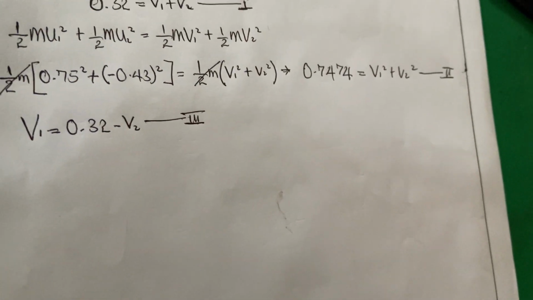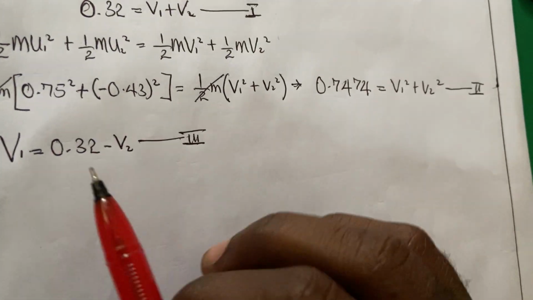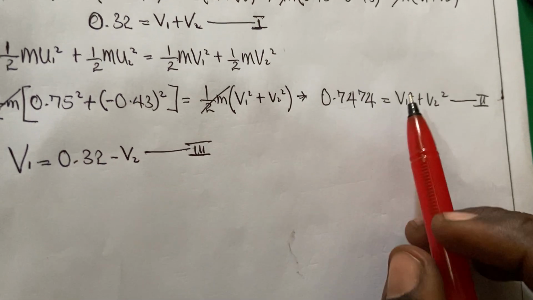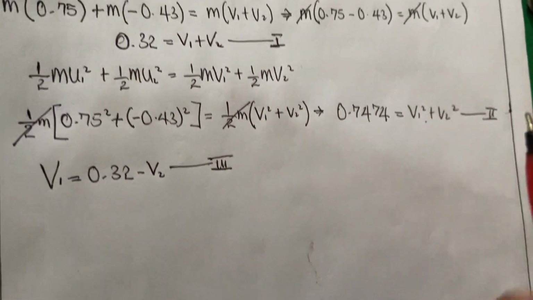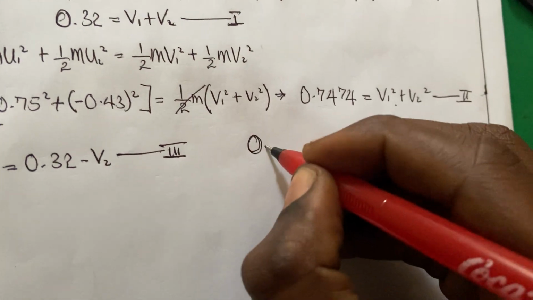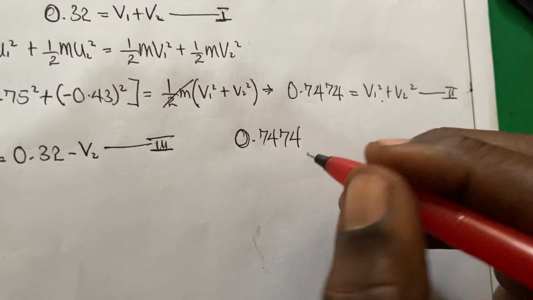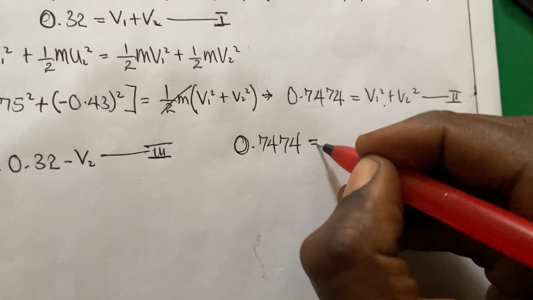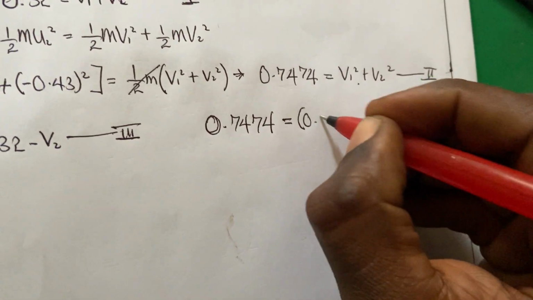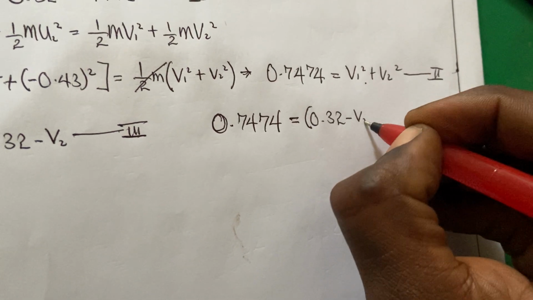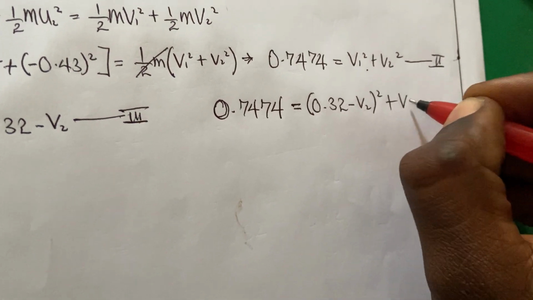Tagging this as equation 3, I will substitute this value inside equation 2. So it will become 0.7474 equals (0.32 minus v2) all square plus v2 square.